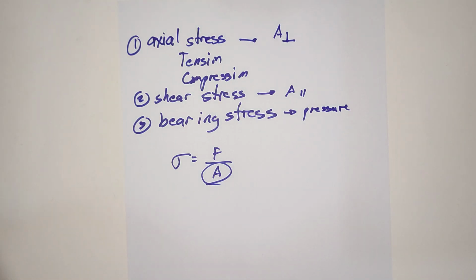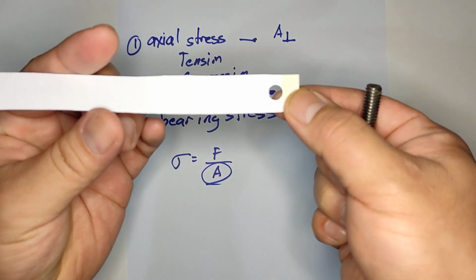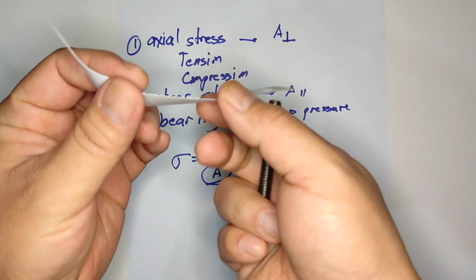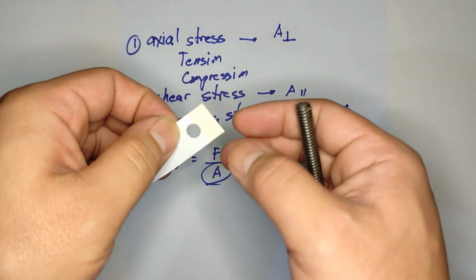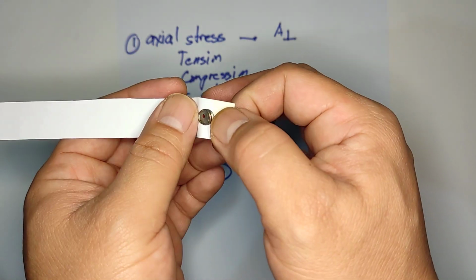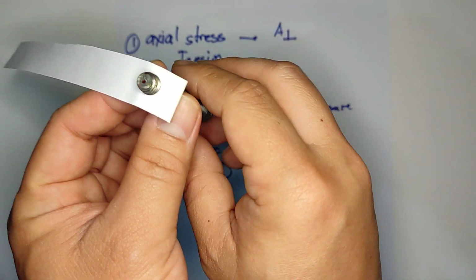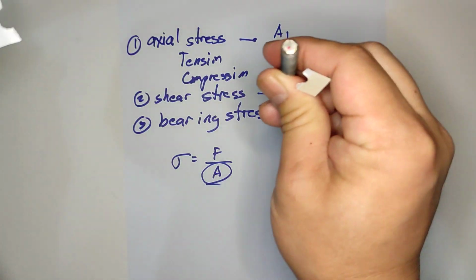Now, another one, let's see this one. This is bigger or thicker, with a greater length. Then, what do you think is the location of failure? I reinforce this one so that it will not shear. So let's see.